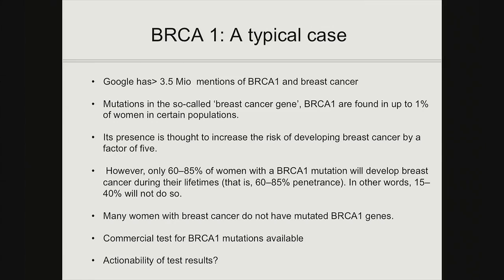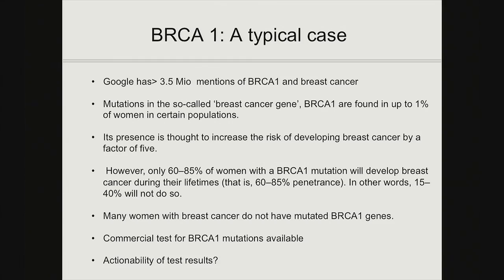So then, of course, if the gene is known, and with genomic sequencing techniques, one could go and sequence a lot of patients that have this breast cancer gene, and it is found in about 1% of women of certain populations. Its presence is thought to increase the risk of developing breast cancer by about a factor of 5, but you may immediately see already, it is not like in sickle cell anemia, that every time this gene mutation is present, the disease will occur.